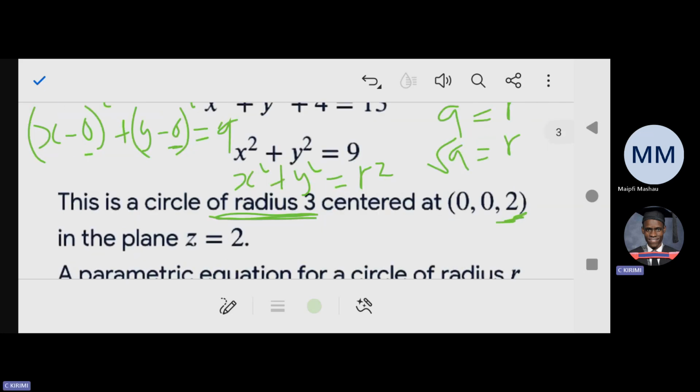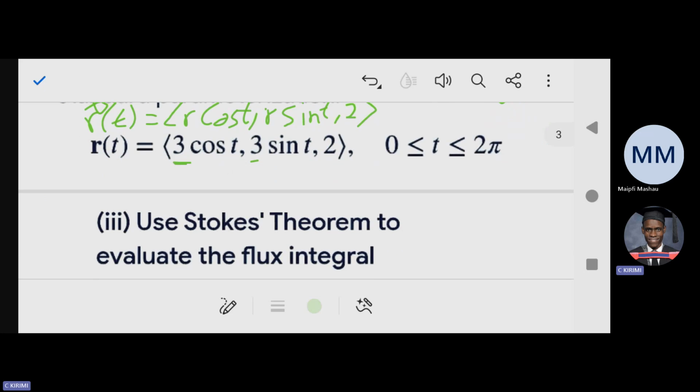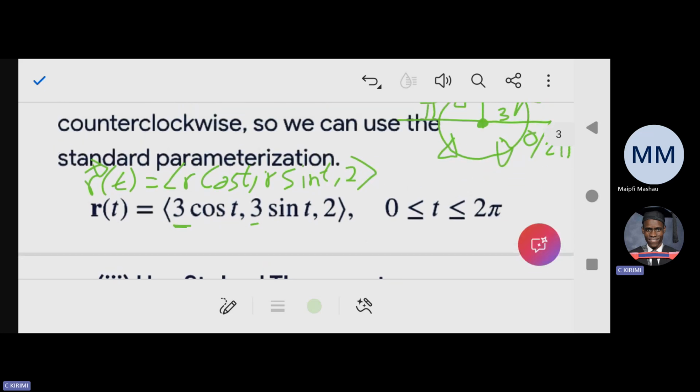You must have that parametric equation to say what is r, because we are going to say dr. So my r is always r cos t, r sin t, and z, where you want to cut the plane, and you must know t is starting from 0 to 2 pi. So already we have our r of t, which is the parametric equation.